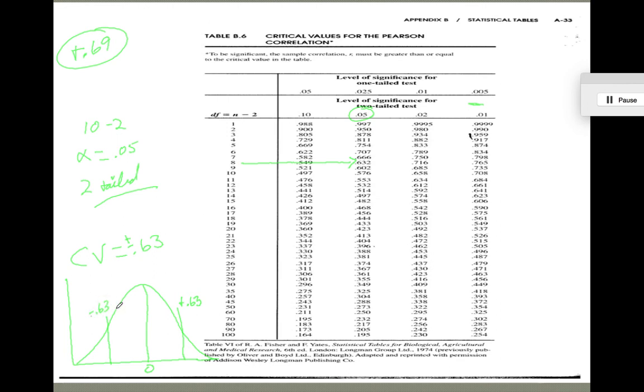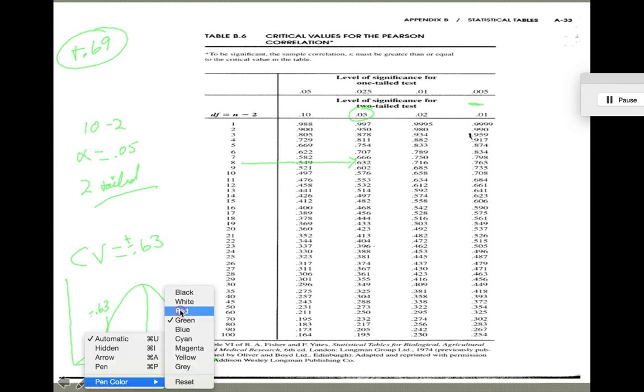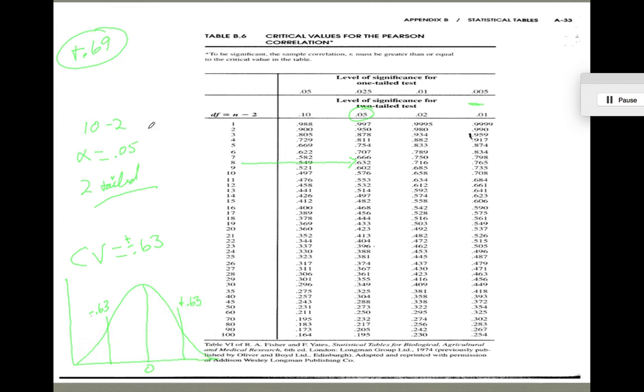Now we have to find where my statistic of 0.69 lands. Remember, it's positive 0.69, so it lands just right here. Positive 0.69 lands, in this particular case, in the region of rejection.